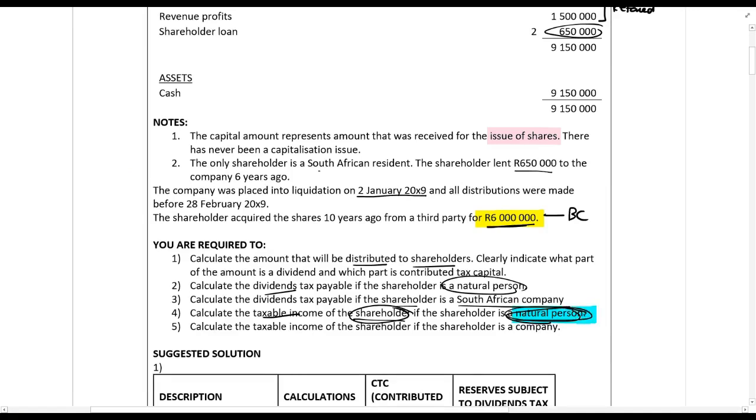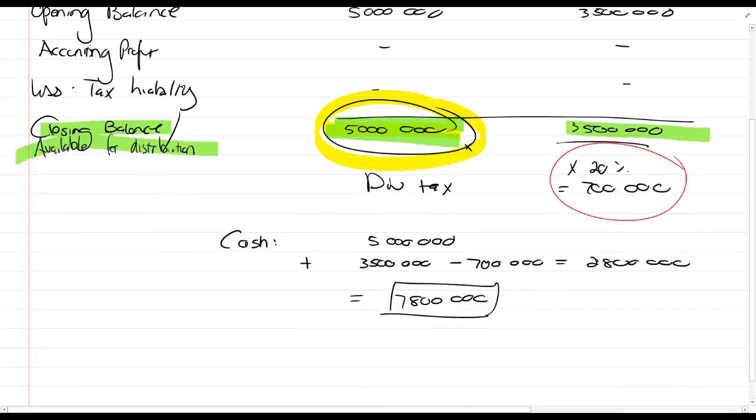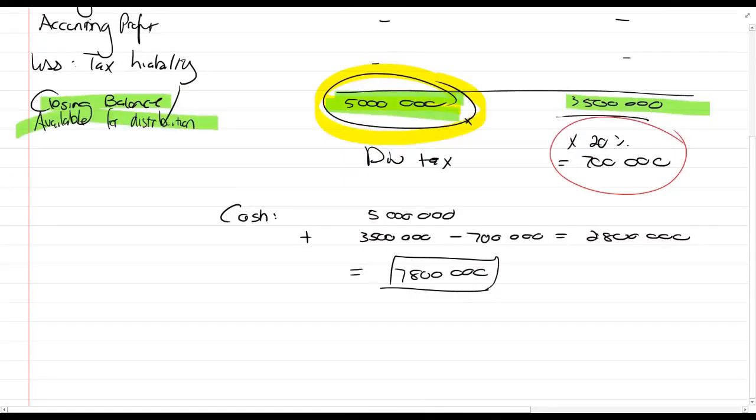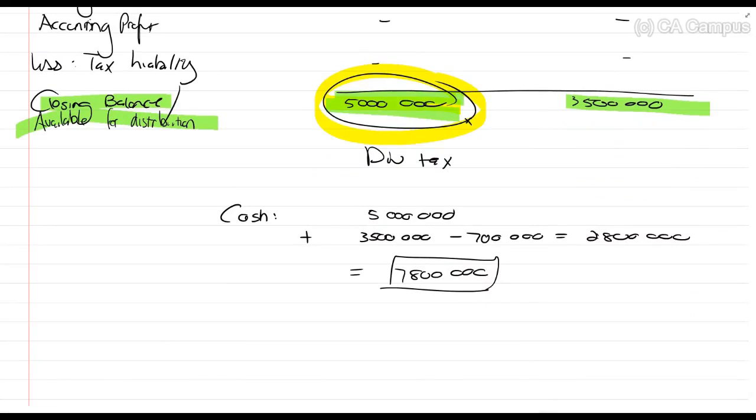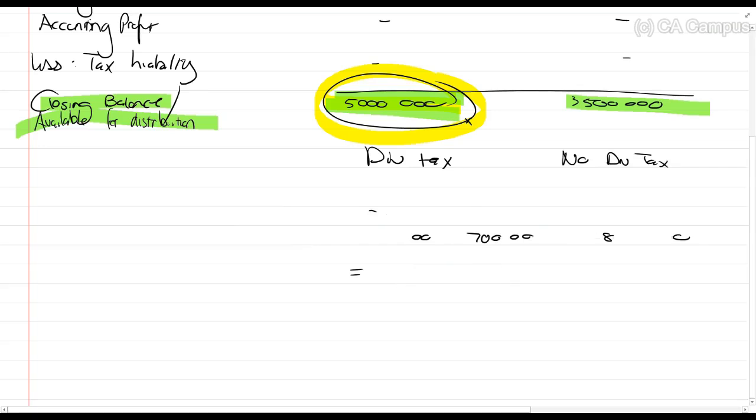Now, what happens if the shareholder is a company? Okay, so first we go back to this calculation. If the shareholder is a company, this dividends tax will not apply. There's no dividends tax.